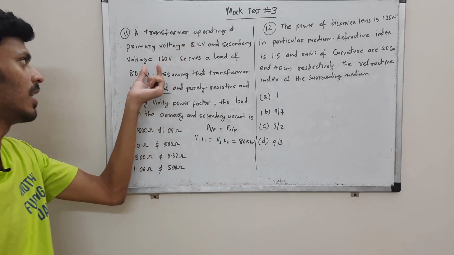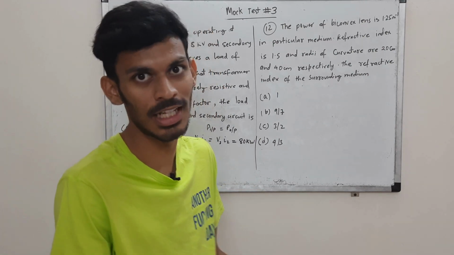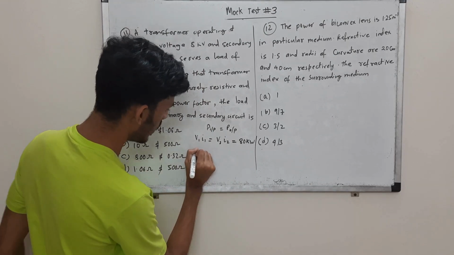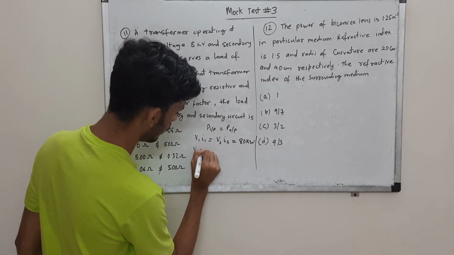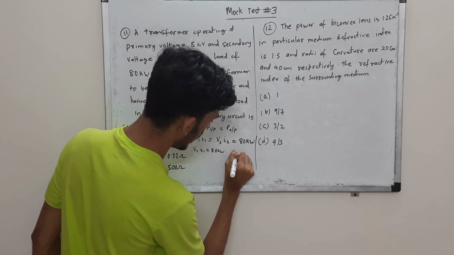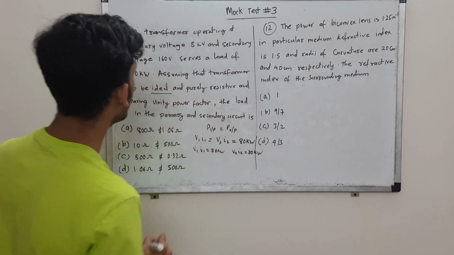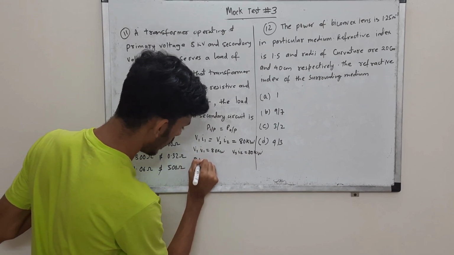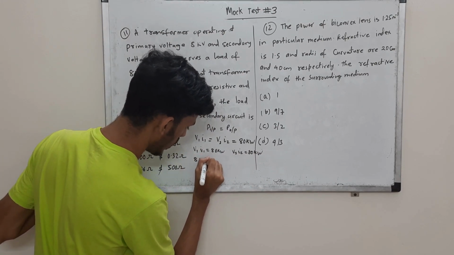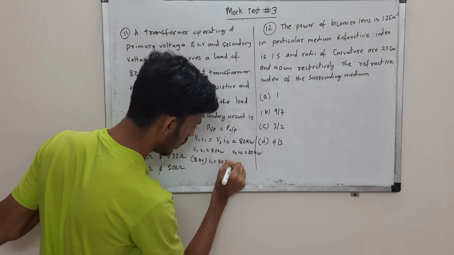From here we'll find I1 and I2. We already know V1 and V2, so we'll find I1 and I2, and from that we can find R1 and R2. V1 I1 we can equate to 8 kilowatt, and V2 I2 we can equate to 80 kilowatt. Now substitute. V1 is 8 kilovolt, I1 here, and we have 80 kilowatt.